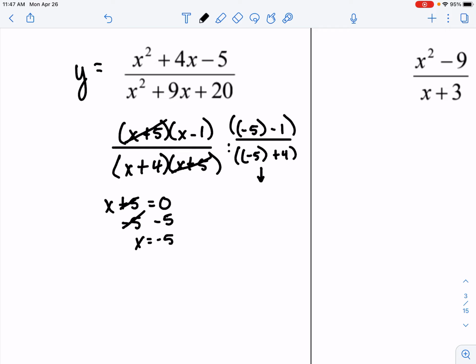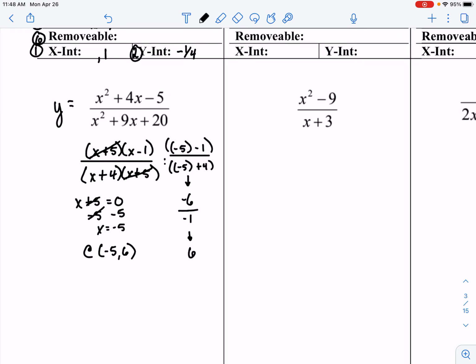Negative 5 minus 1 is negative 6 over negative 1, which simplifies to 6. So I have a point of removability at negative 5, 6.